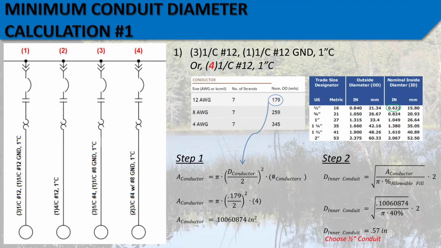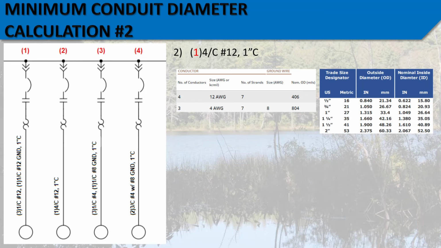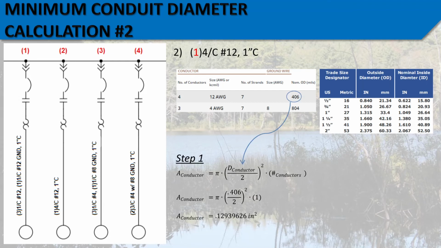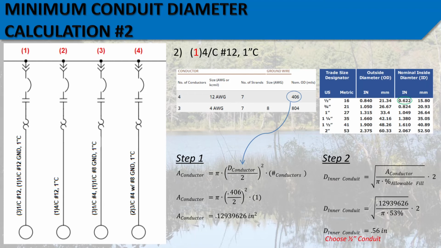Let's take a look at example 2. Again, we have 1 4-conductor number 12 in 1-inch conduit. We're going to start with calculating our area of the cable, and then step 2, we're going to plug that area into the inner conduit diameter formula, and we're also going to plug in 53% for our allowable fill as per the NEC.